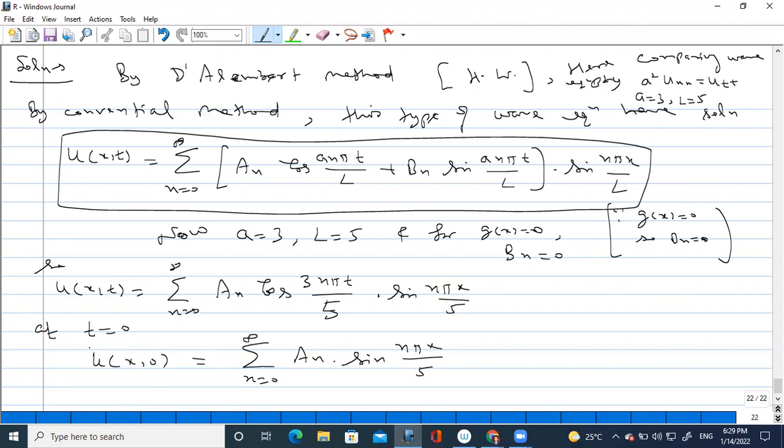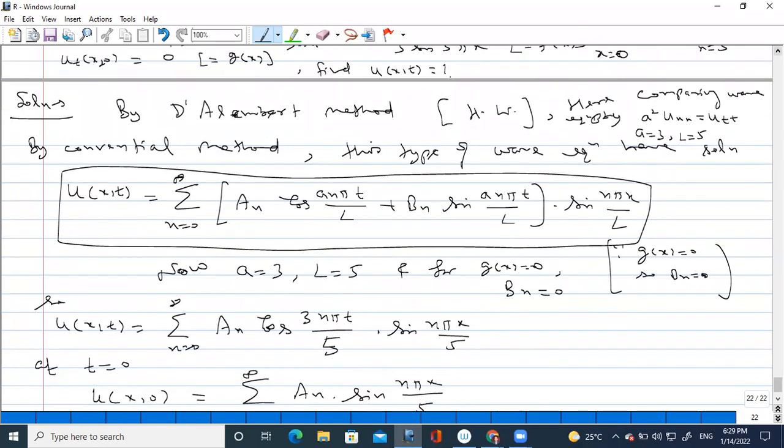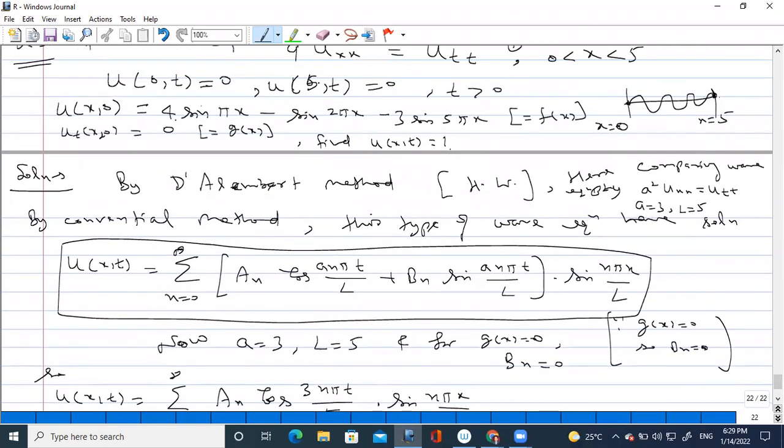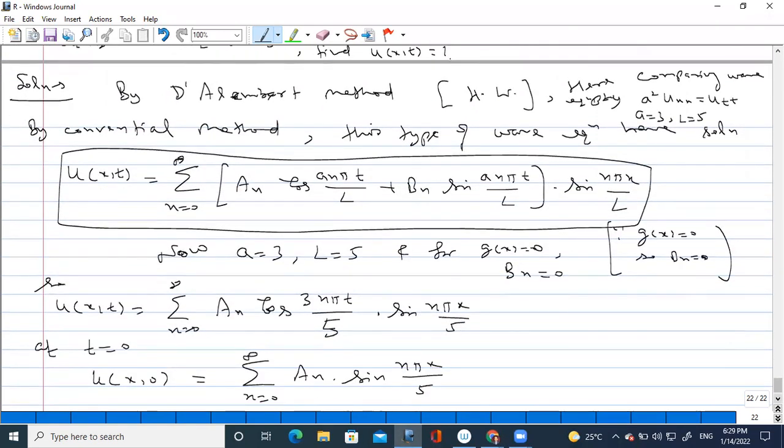Understood? Now, what is ux0? ux0 is already given: 4 sin pi x minus sin 2 pi x minus 3 sin 5 pi x. So that will be written here on the left hand side.